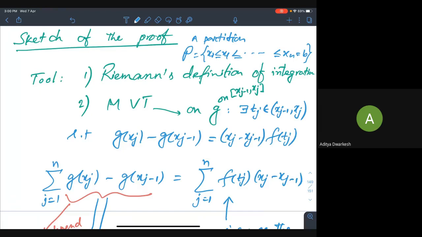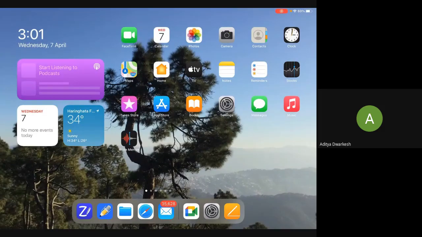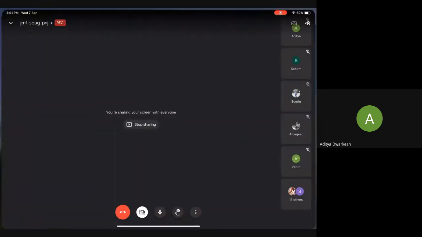Changing limit and integration is a very important one, and integration by parts and change of variable are also important. Since time is almost up, we'll just stop here. Any question?